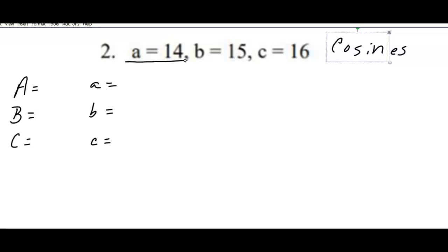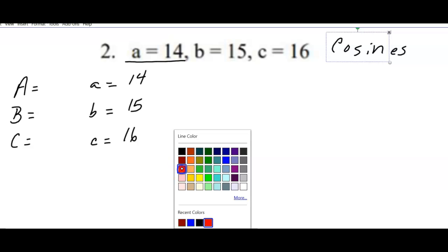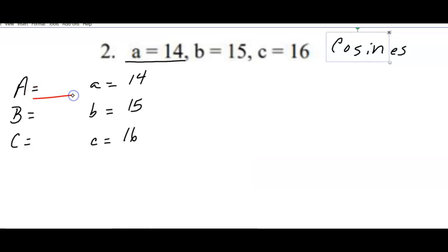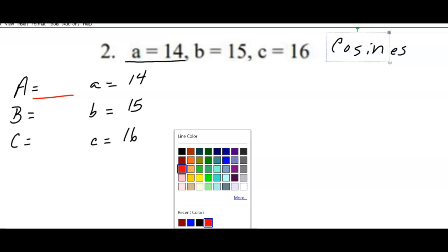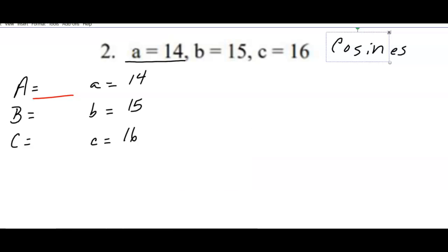So go ahead and fill in all the sides. A is 14, B is 15, C is 16. And like I said, we're going to go for angle A first. So when we set this up, we're going to set it up as A squared equals B squared plus C squared minus 2BC, the cosine of A. And then just fill in what we know.